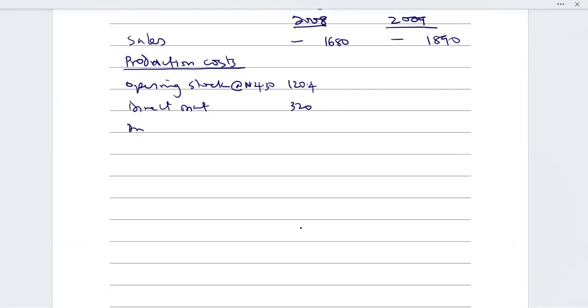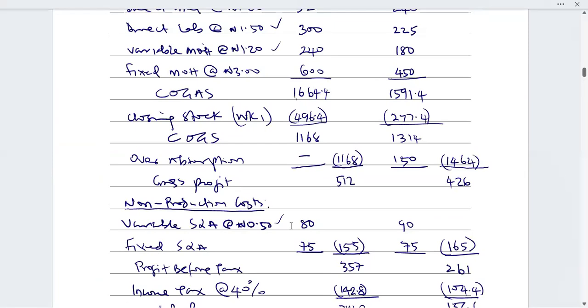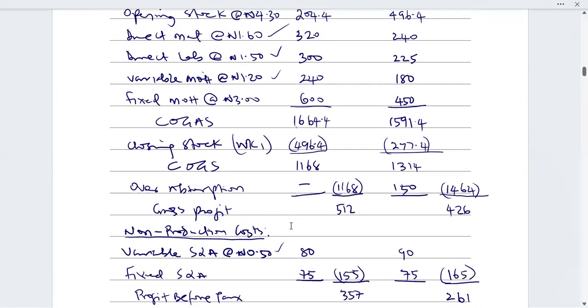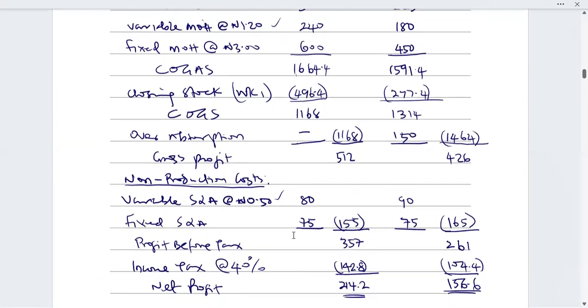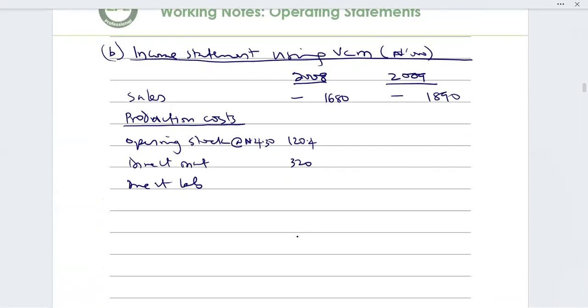I also have direct labor. Direct labor is, I think, 240. Let me see. Yes, direct labor is 300. 300 and 240. Then we also have variable manufacturing overhead, which is 240.